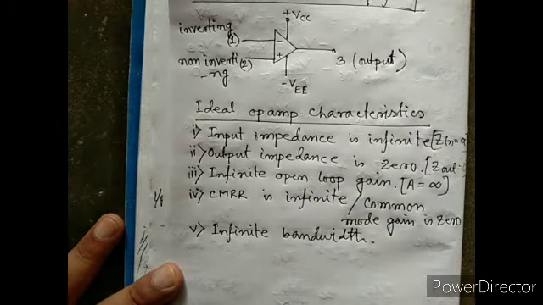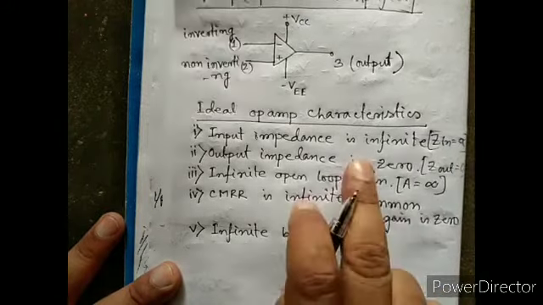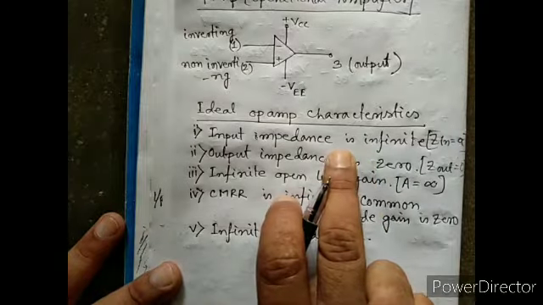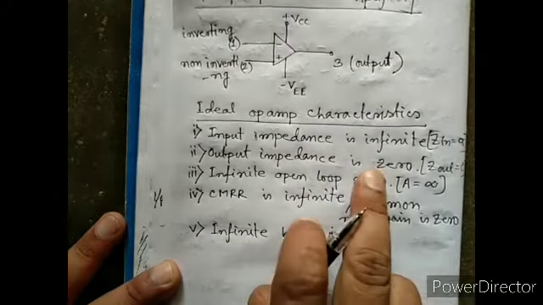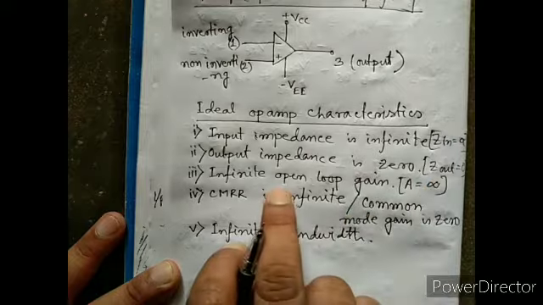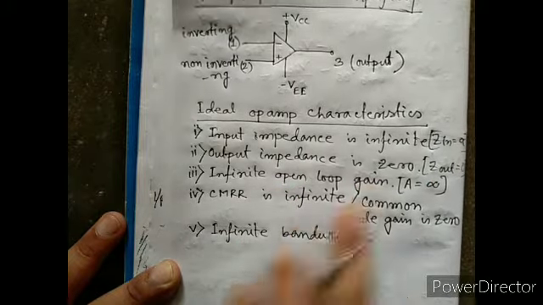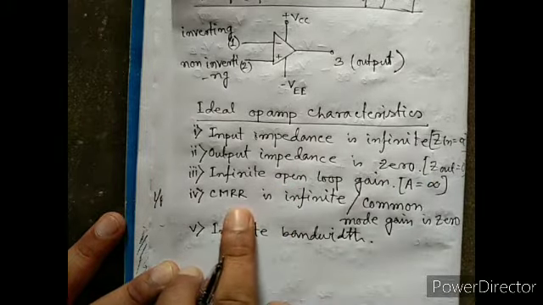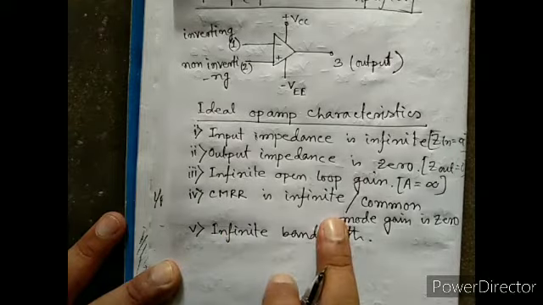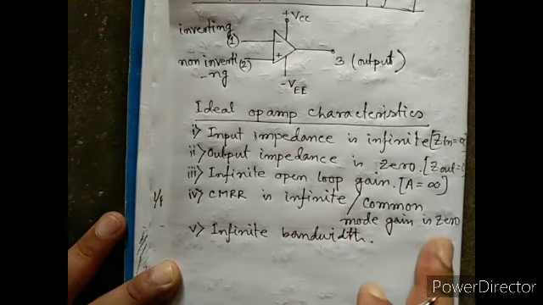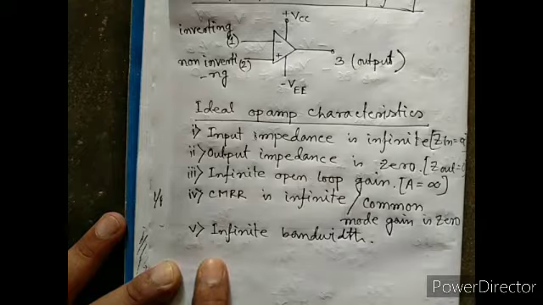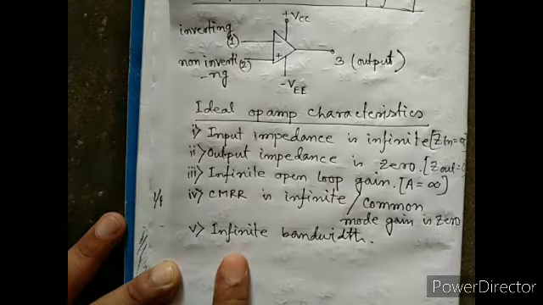So ideal operational amplifier has input impedance infinite, output impedance 0, infinite open loop gain, CMRR, common mode rejection ratio is infinity, or we can say common mode gain is 0, and infinite bandwidth.